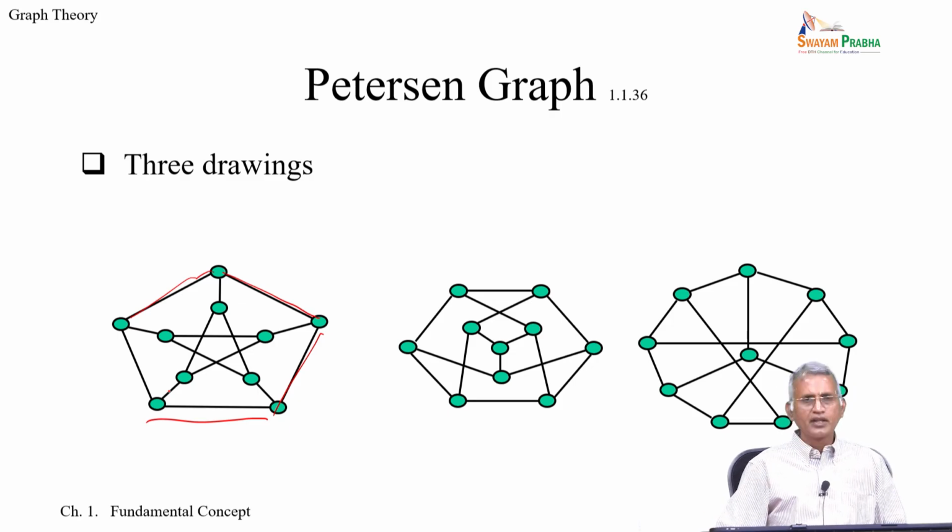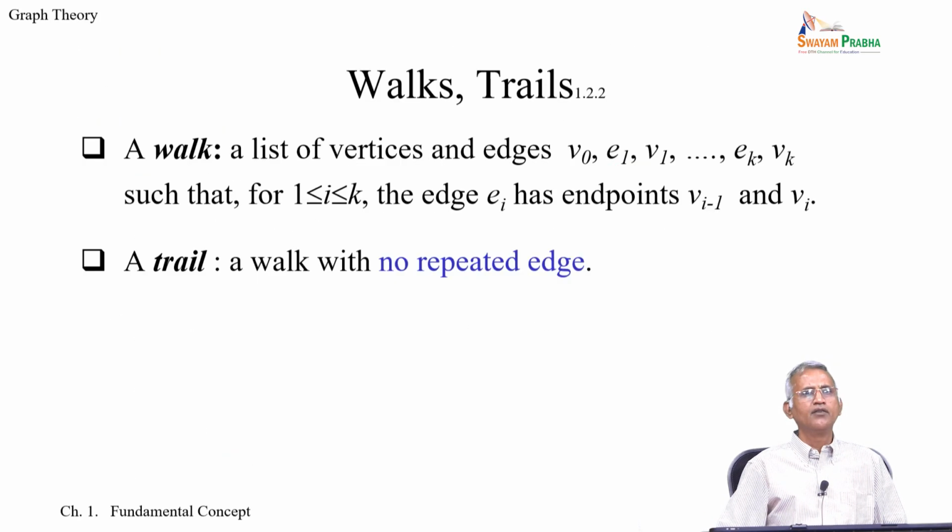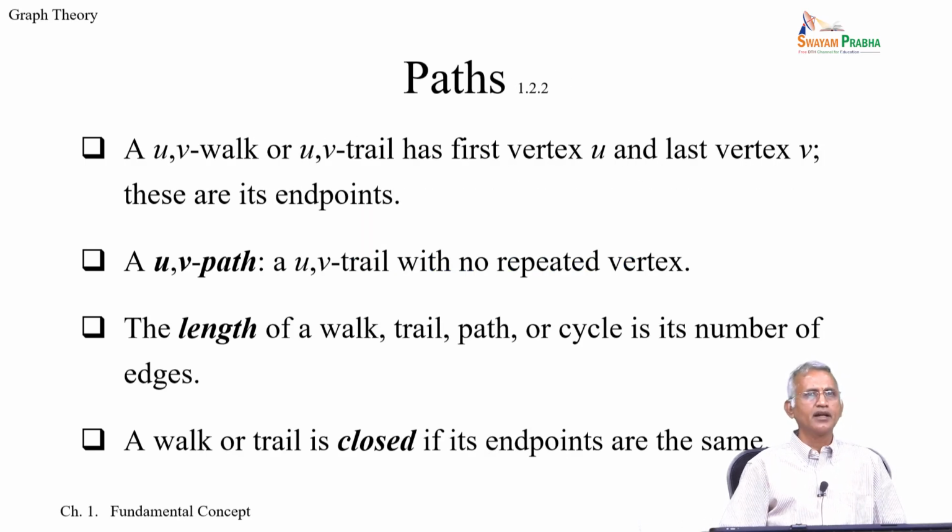So, this is a way we can go on a walk. A walk is a list of vertices and edges V0, E1, V1 and so on, Ek, Vk such that for 1 less than or equal to i less than or equal to k, the edge Ei has endpoints V(i-1) and Vi. If a walk has no repeated edge, then it is said to be a trail.